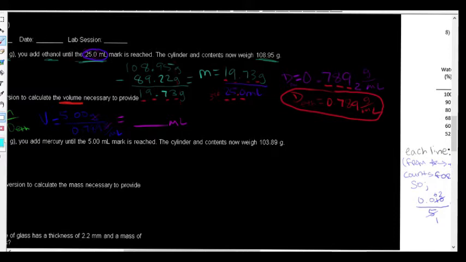Another setup, if you prefer it to look more like stoichiometry, is 5.00 grams times 0.789 grams over 1 milliliter, and the grams would cancel, giving us milliliters. And for sig figs, you have 3 sig figs, so your answer should have 3 sig figs.